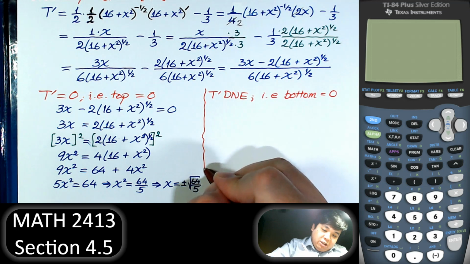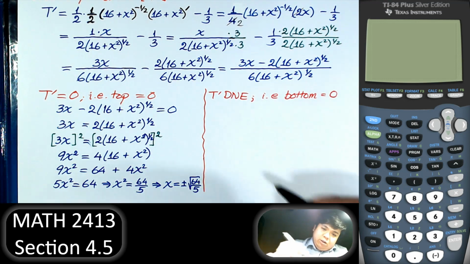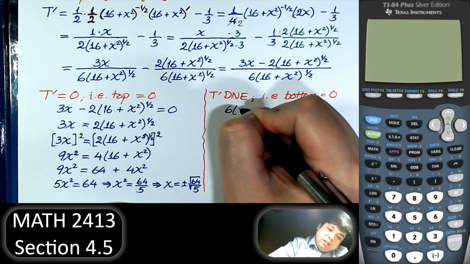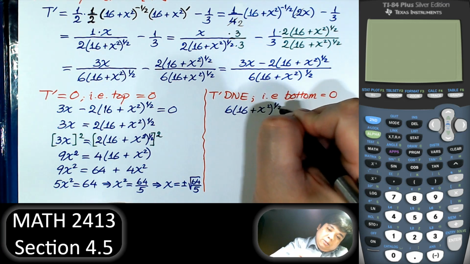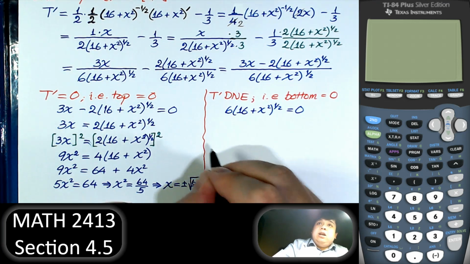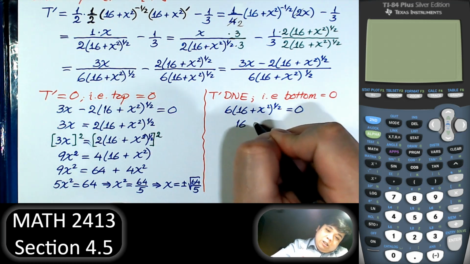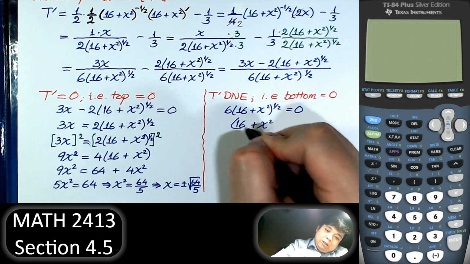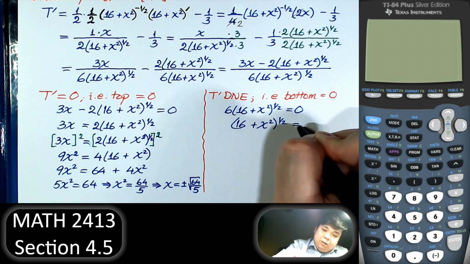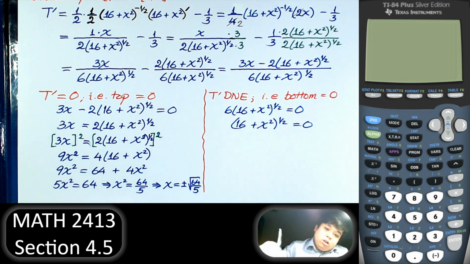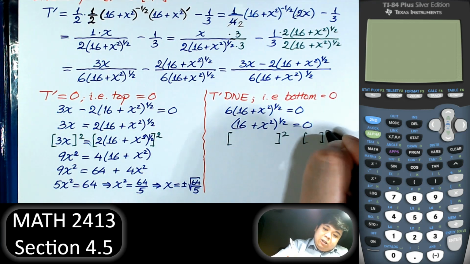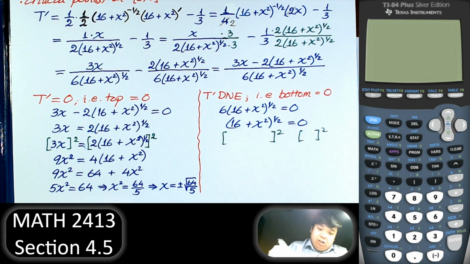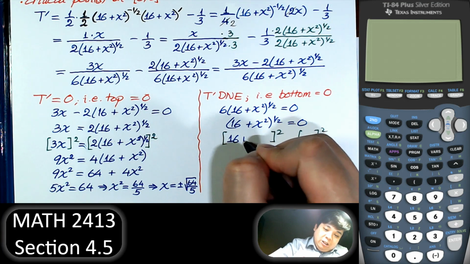Now let's go to the other side. Now the bottom equal to 0. This will be easy. Divide by 6 on both sides. Now I square both sides. The square will cancel with the 1/2 power, giving us just the power of 1.